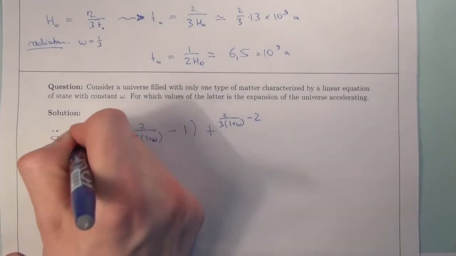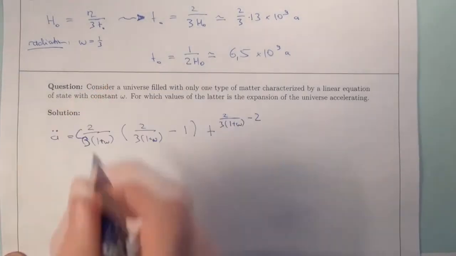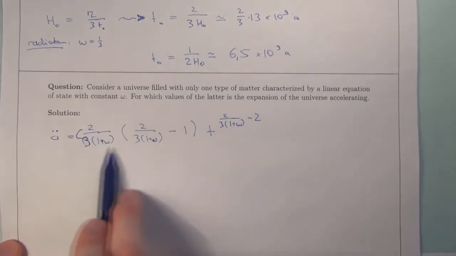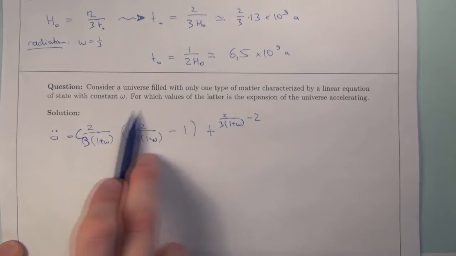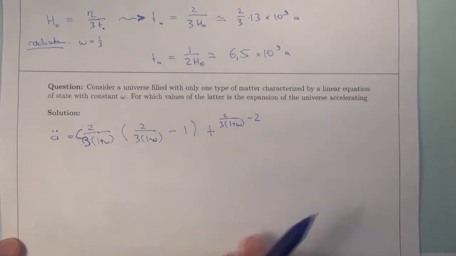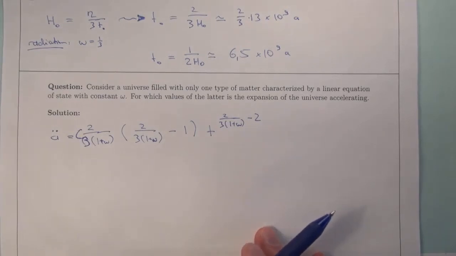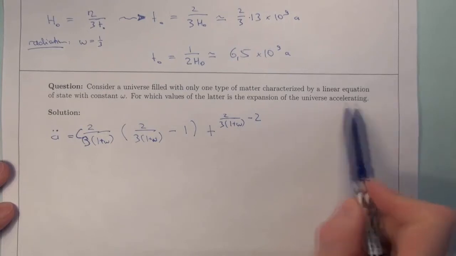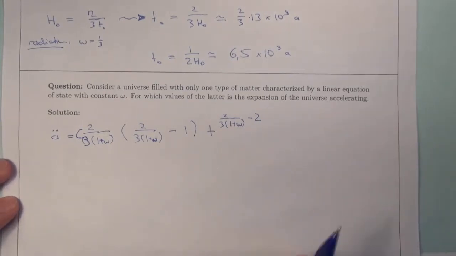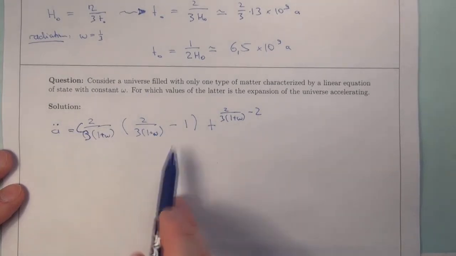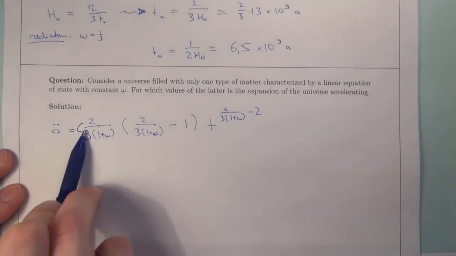I missed the factor c, and here you see why I wanted this to be greater than 0, because otherwise I would have trouble to say whether this complete factor here in front is greater or smaller than 0, because that's the statement on acceleration or deceleration. So this is greater than 0.